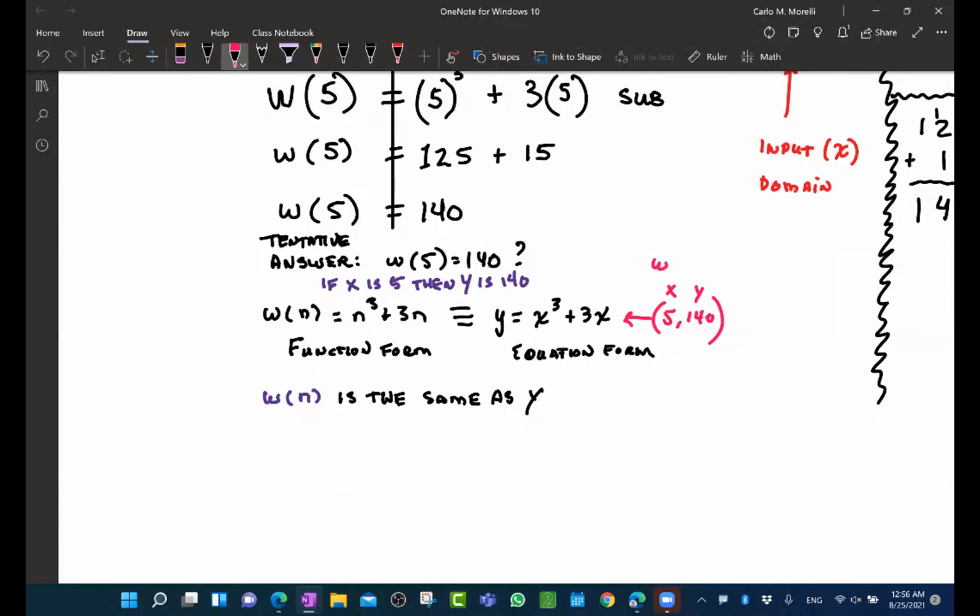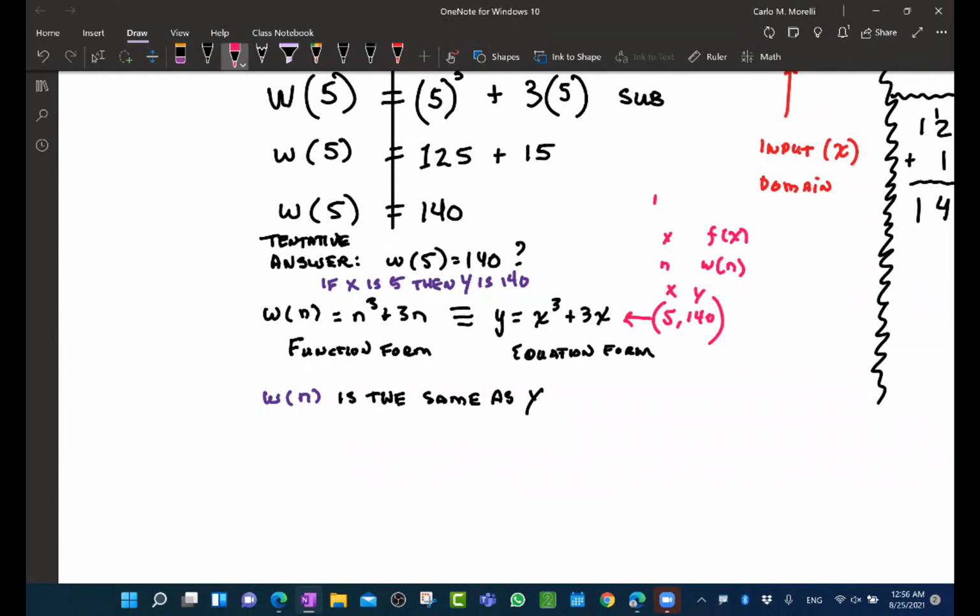Sorry, sort of backwards. This is the n, and this is the W of n. You probably saw this before, as this is the X and this is the F of X. But this time they're using n and W of n.